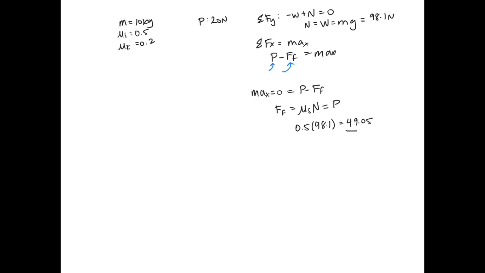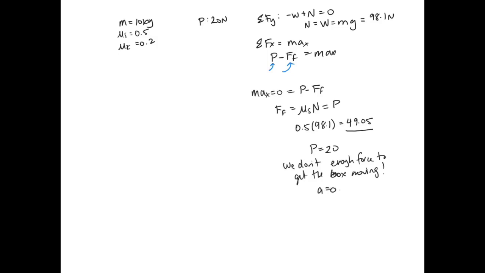So this would be the force necessary to get the box moving, and our force is equal to 20. So this means that we don't have enough force to get the box moving. So there is no acceleration.